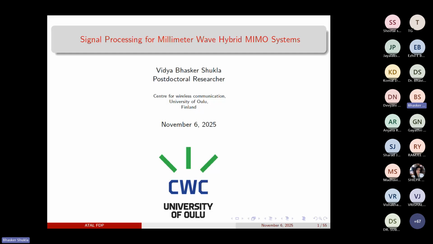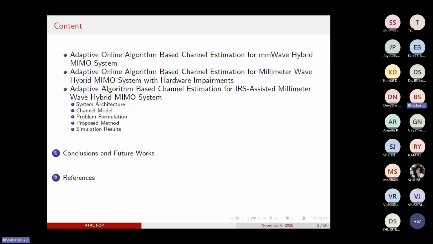So in this session, the content of the presentation covers different algorithms for channel estimation for millimeter wave hybrid MIMO, channel estimation for millimeter wave hybrid MIMO with hardware impairments, and channel estimation for IRS assisted millimeter wave hybrid MIMO.